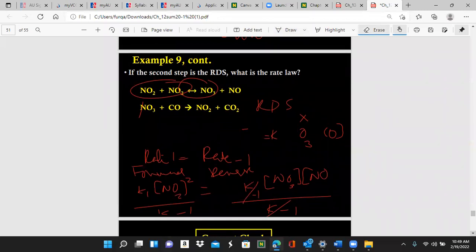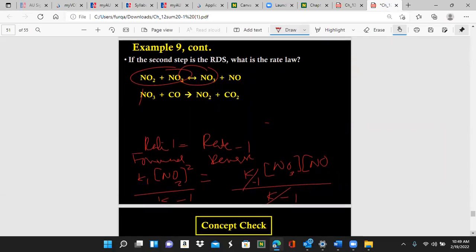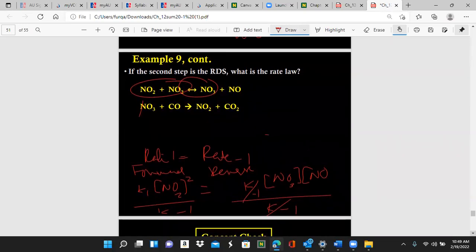And then you can come here, use this space. If we look at this one here, we can say K1 over K minus 1 and NO2 squared is going to be equal to NO3.